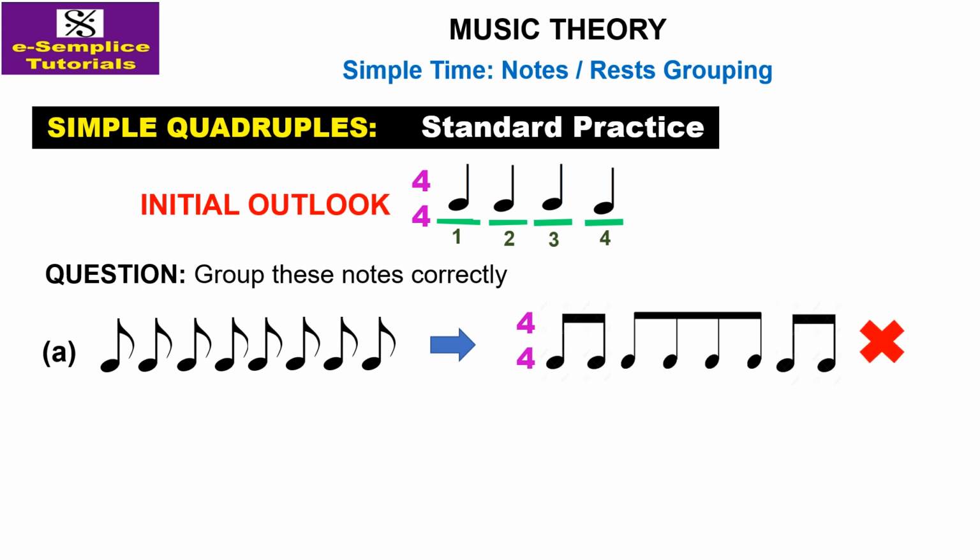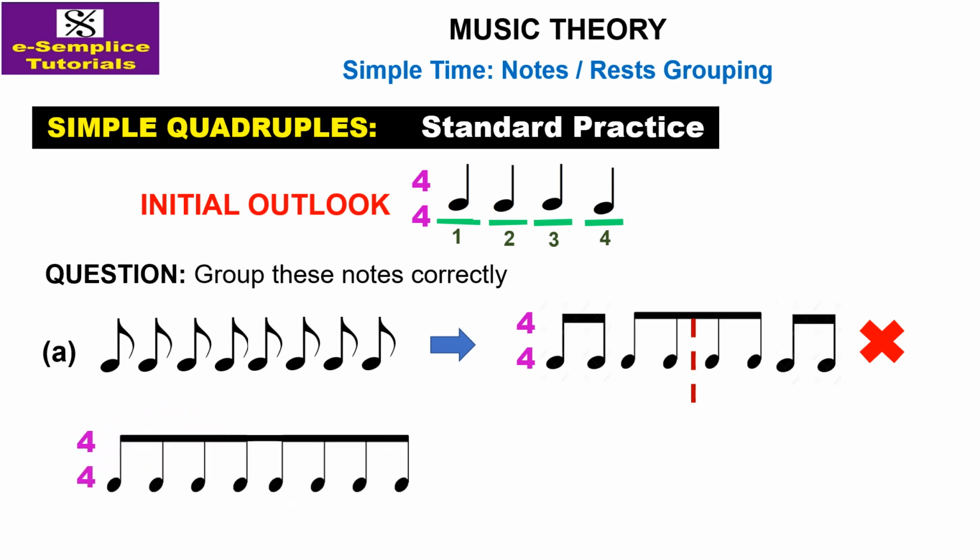This is wrong. Why is it wrong? The middle of the bar is blocked by a beam. What is the correct grouping? Is this right or wrong?